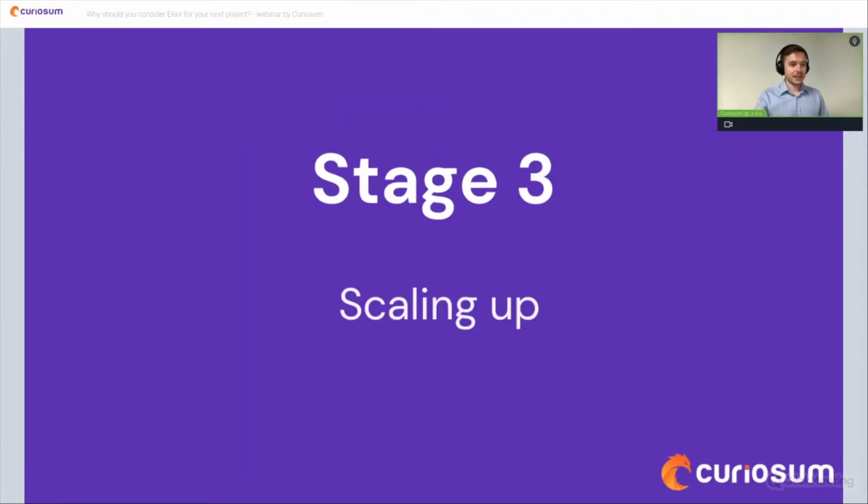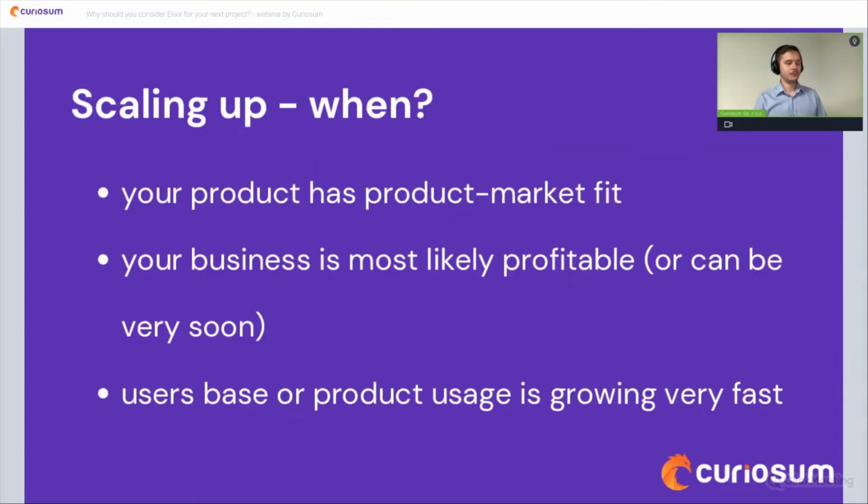So the next step is scaling up. And when it happens, again, your product has product market fit, and your business is most likely profitable at this stage, or can be very soon, meaning sometimes companies are not profitable because they are investing much more money than they make to scale it, to make it bigger.